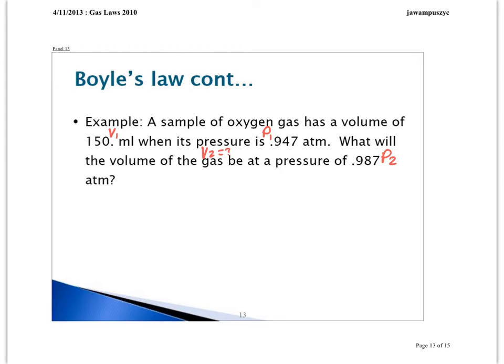So we're going to start with the combined gas law, and we're going to write the whole thing down. So P1V1 over T1 equals P2V2 over T2. In this problem, there's no mention of temperature. So let's assume that the temperature is constant, T1 equals T2, and because it's the same on both sides, they both cancel out. And we're left with P1V1 equals P2V2.